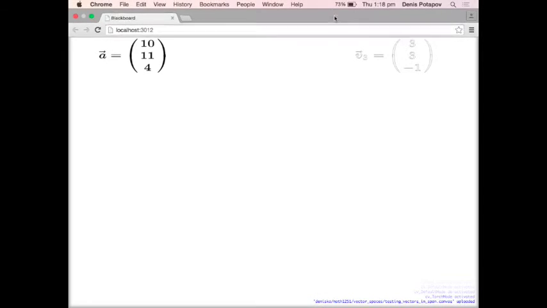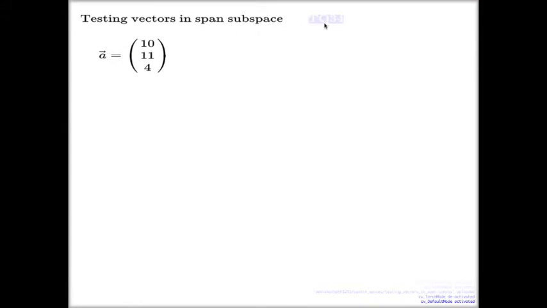It's a slide which I call testing vectors in a span subspace. So here's the example. It is a tutorial question, question 34. The question gives us 4 vectors.